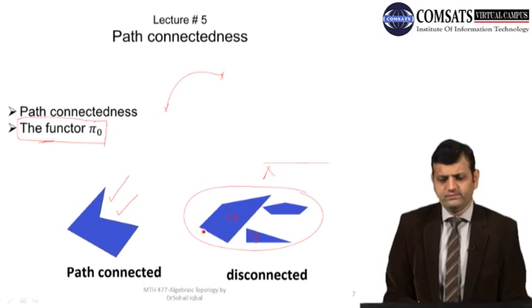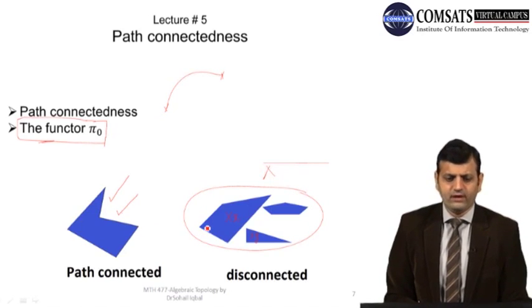If a space is not path connected, then there exist path connected components. For example, there are 1, 2 and 3 path connected components. In other words, the maximal path connected subspace of a space X is a path connected component of that space.